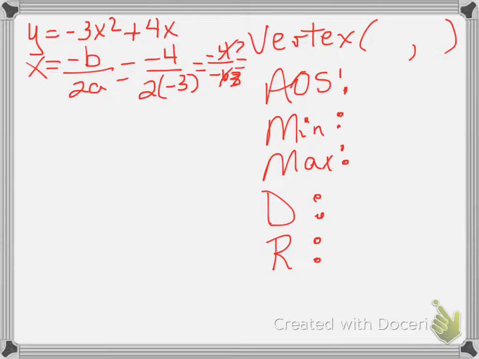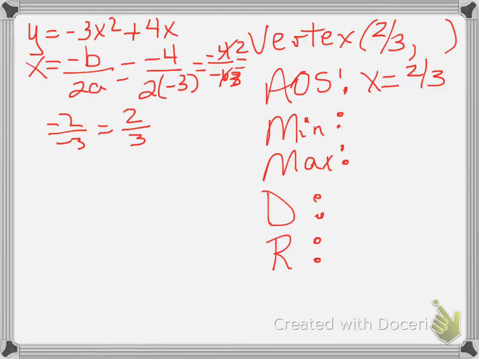So that gives me negative 2 over negative 3, or positive 2/3. So 2/3 is my x. So my axis of symmetry is x equals positive 2/3.